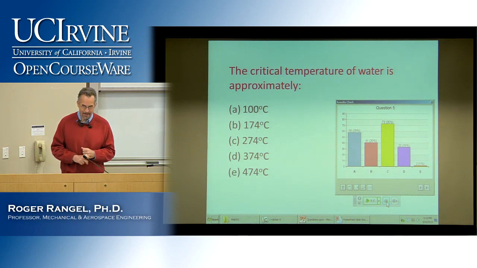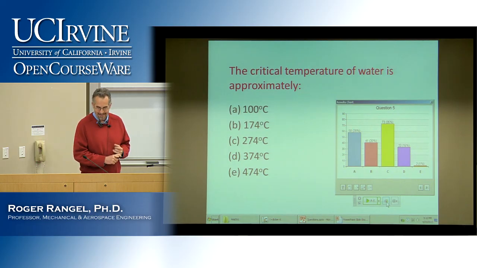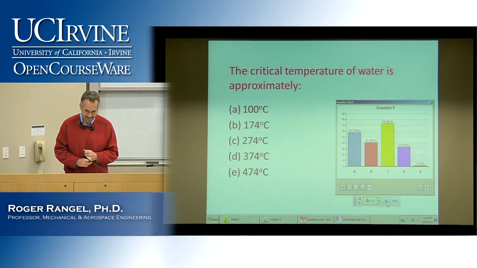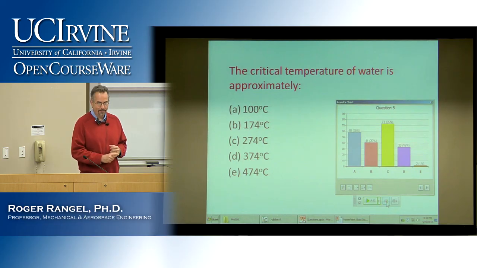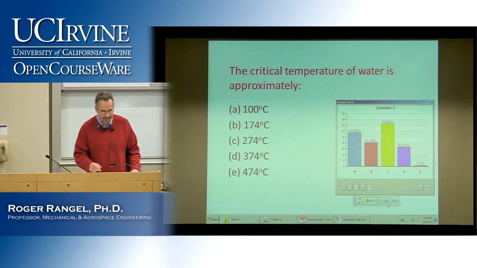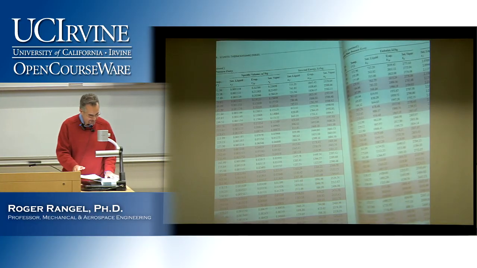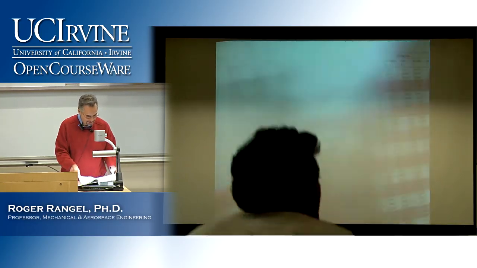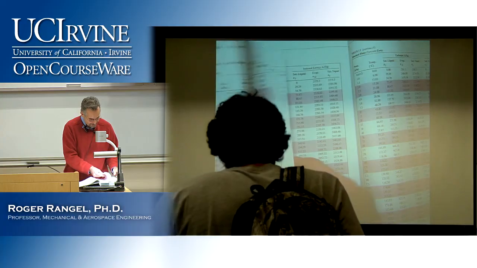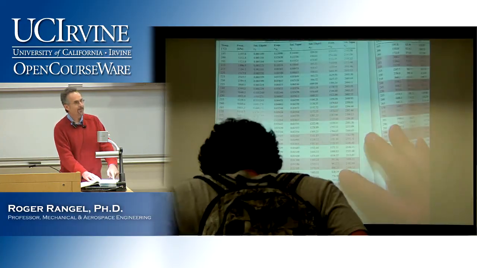It's not your first choice or your second choice or even your third choice. The right answer is 374. And you can see that, of course, if you go to the saturated table, it's always the last entry in the temperature table, 374. All right, I'll see you next week.